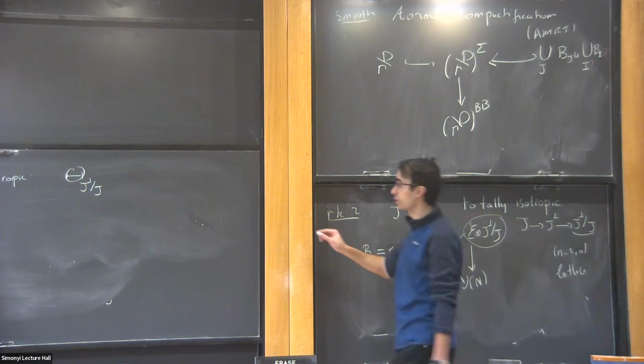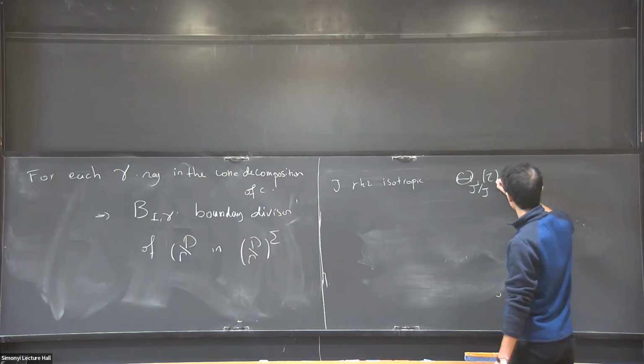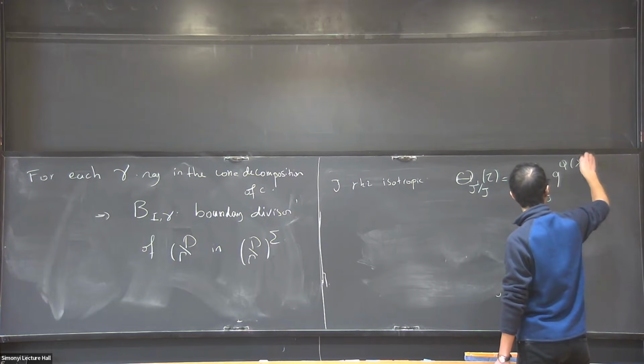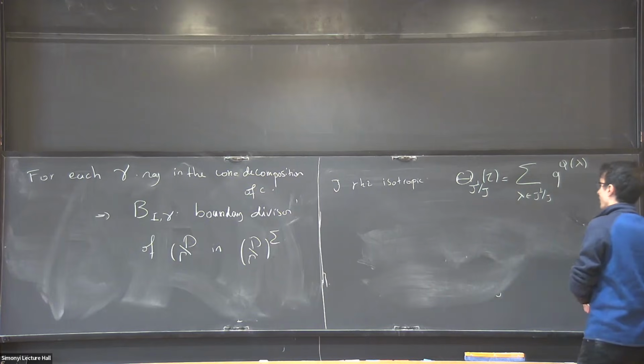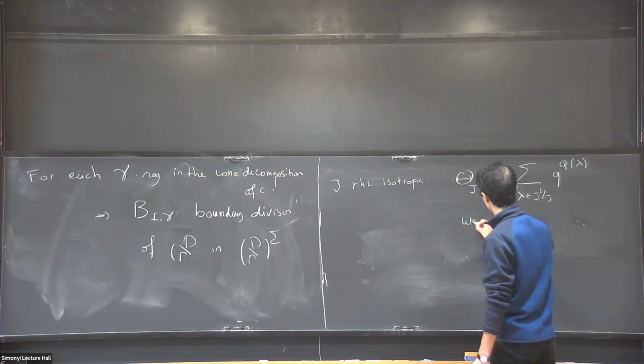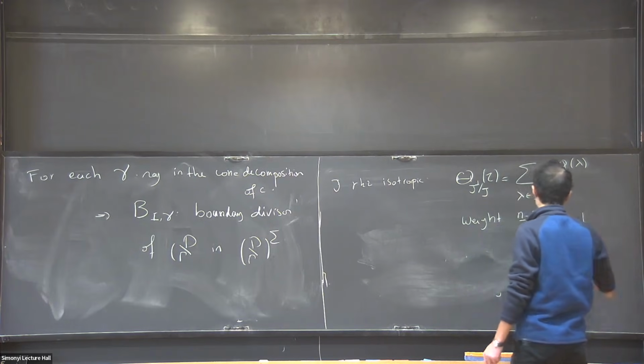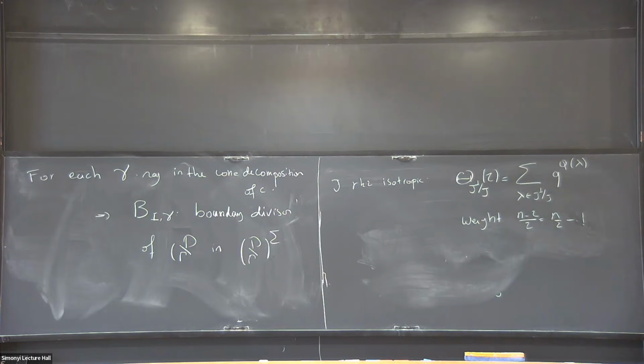So this is just the usual theta series that I introduced last time for positive definite lattices. It's just the sum over all lambda in J perp mod J of q to the power Q(lambda). Now, there's something wrong here, which is that the weight here is (n-2)/2, so n/2 minus 1, and we are aiming for some correction of weight 1 plus n/2, so there's a discrepancy of 2.